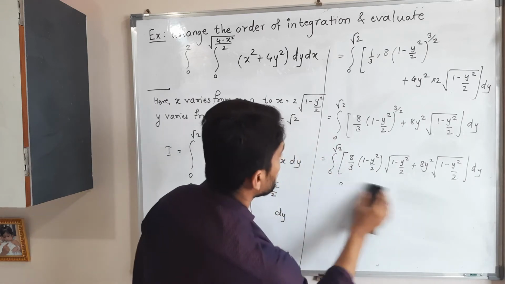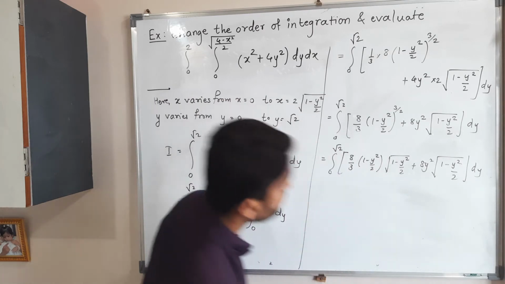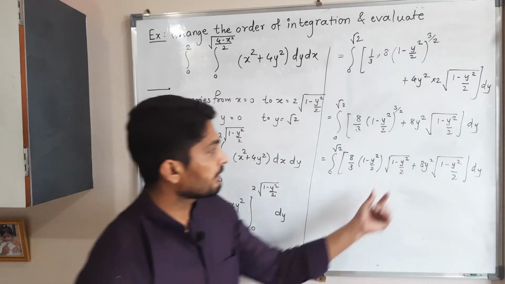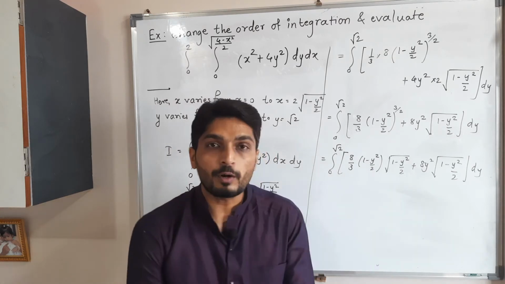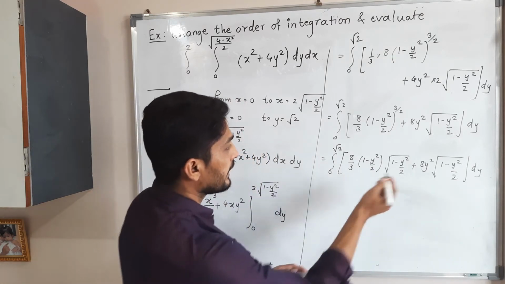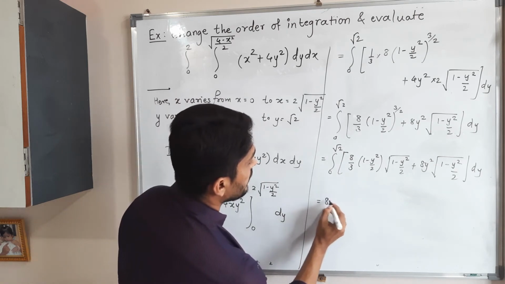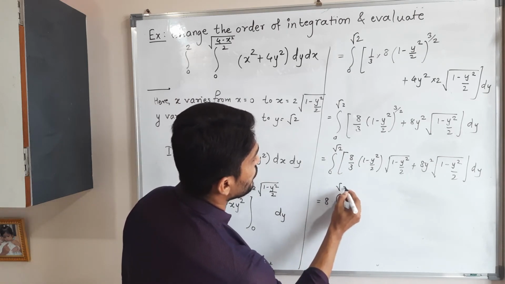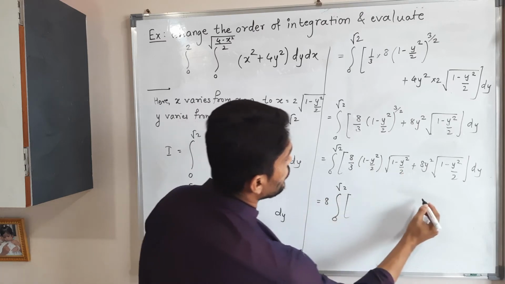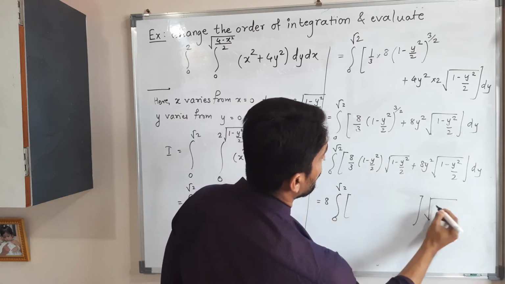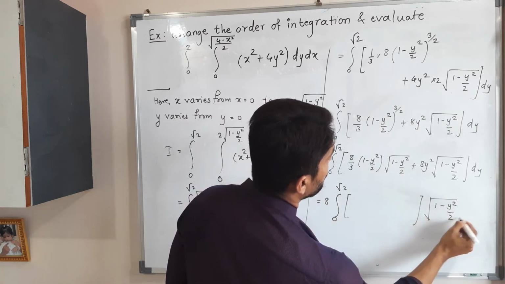Right? Tell me, what can we take common here? Can we take this root common? Yes, obviously we can take the root common. Can I take 8 common? Here we can take 8 also common. So 8 is a constant, I am taking it outside, 0 to root 2. If you take this root common, root 1 minus y square by 2 dy.